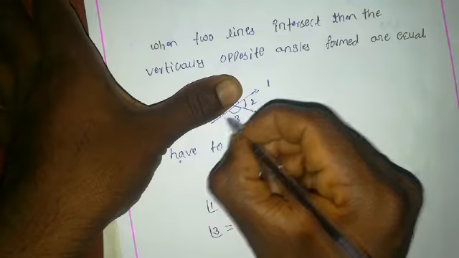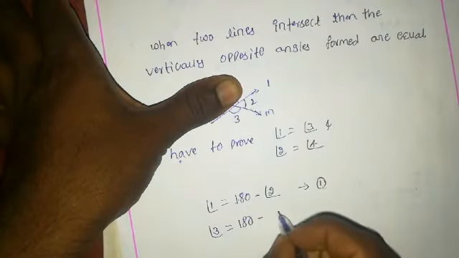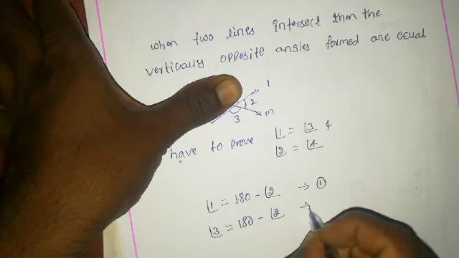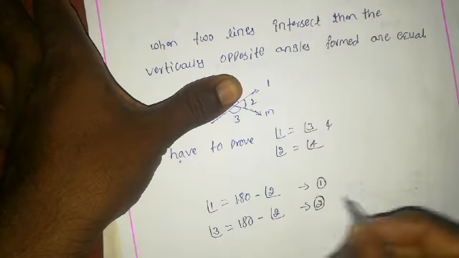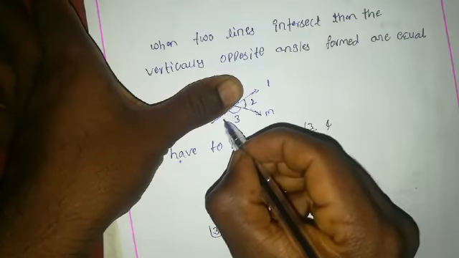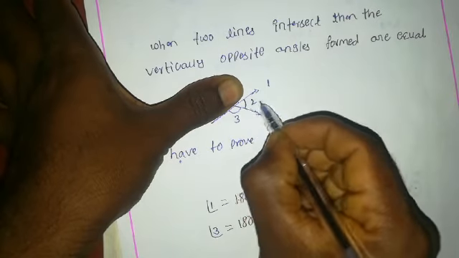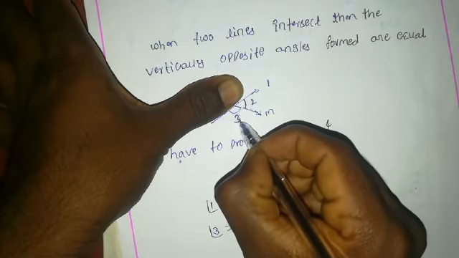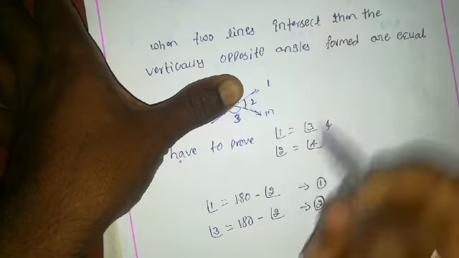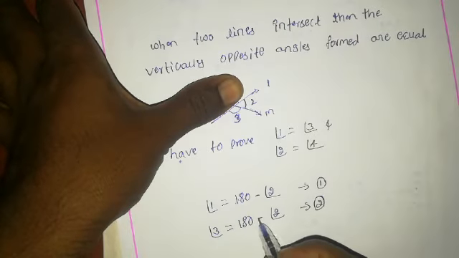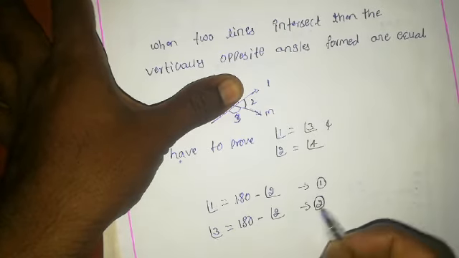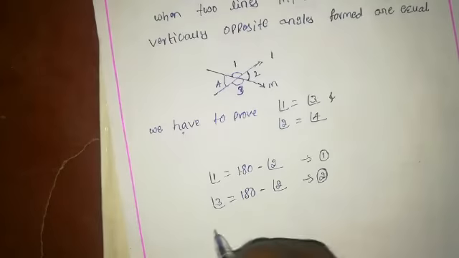So angle 3 is equal to 180 minus angle 2, we call it equation number 2. From 180 degrees we subtract the measurement of angle 2, then we get the measurement of angle 3.